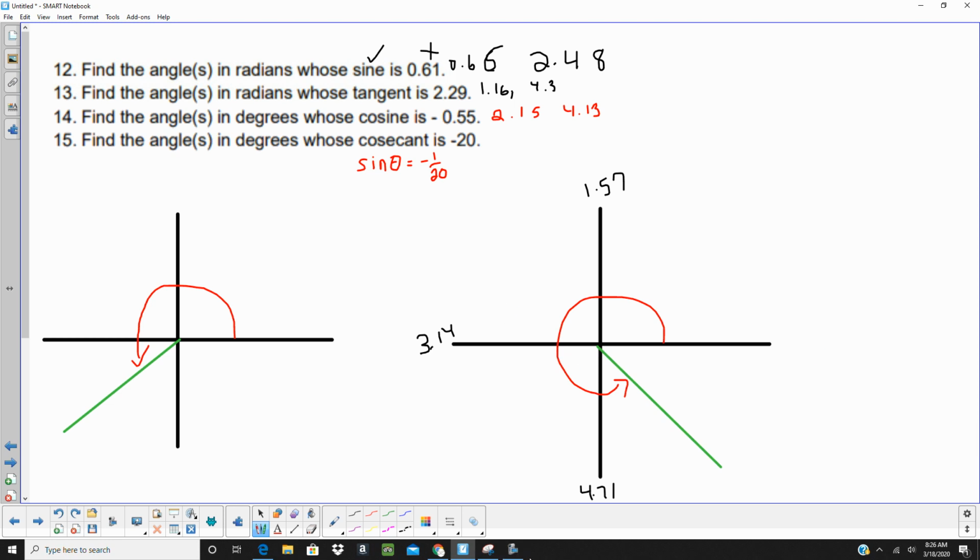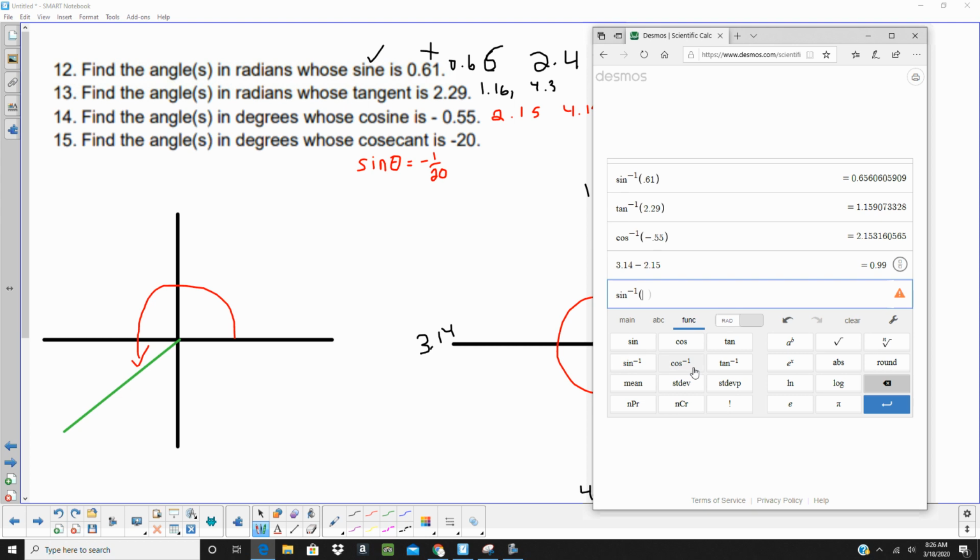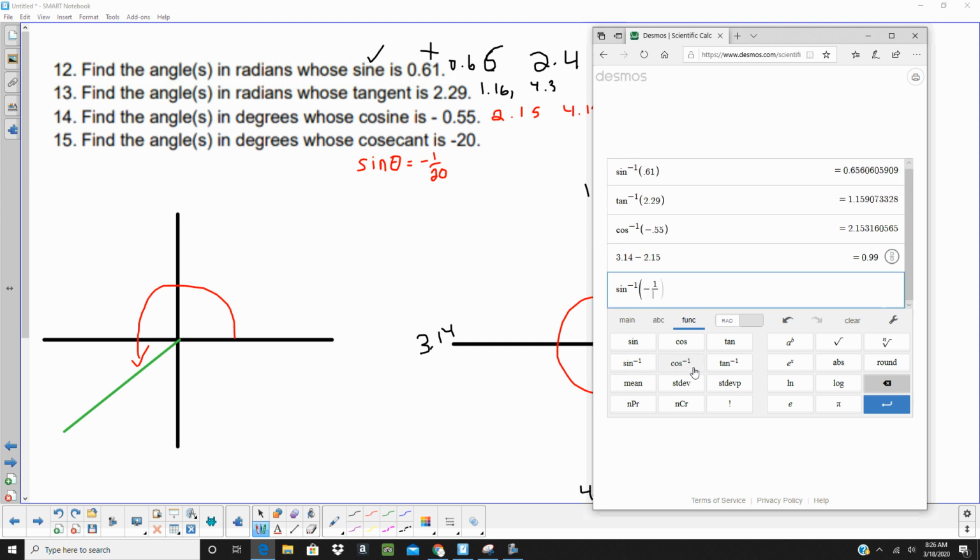So let's go ahead and put this in our calculator and see what we get. So inverse sine of negative 1 divided by 20. And I get negative 0.05.